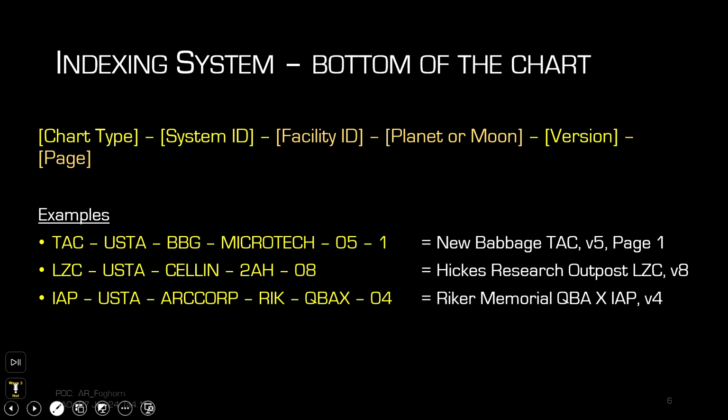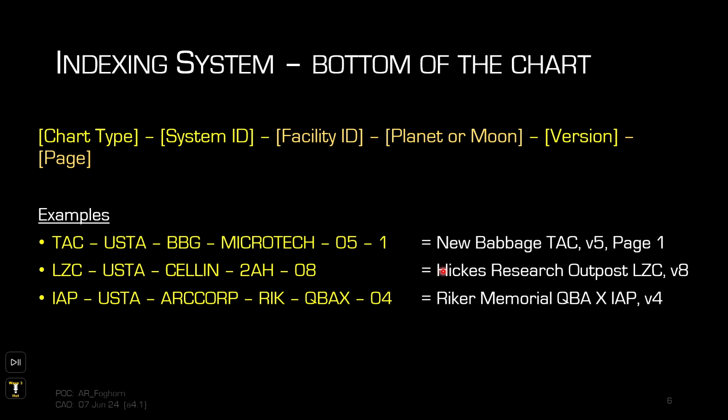Okay, so when you are looking for versioning, the version number is this last one. It'll always be in 2 digits, so it'll have a leading 0 if it's less than 10, obviously. And if there are multiple pages, like some of these bigger cities have 2 pages for their landing zone chart or their terminal area chart, then it'll have a -1 and a -2, for example.